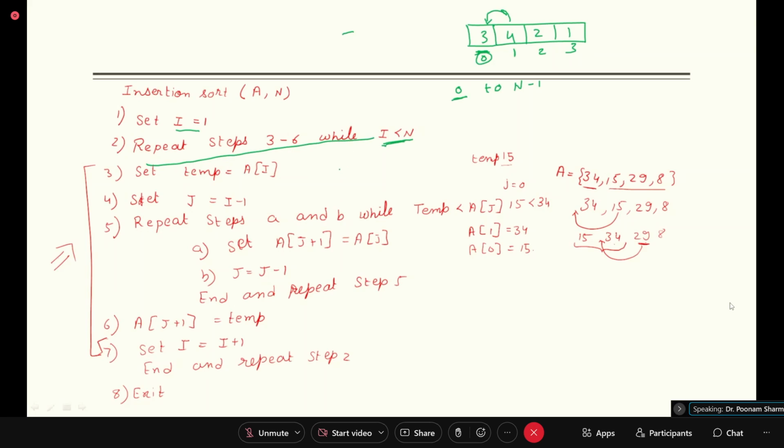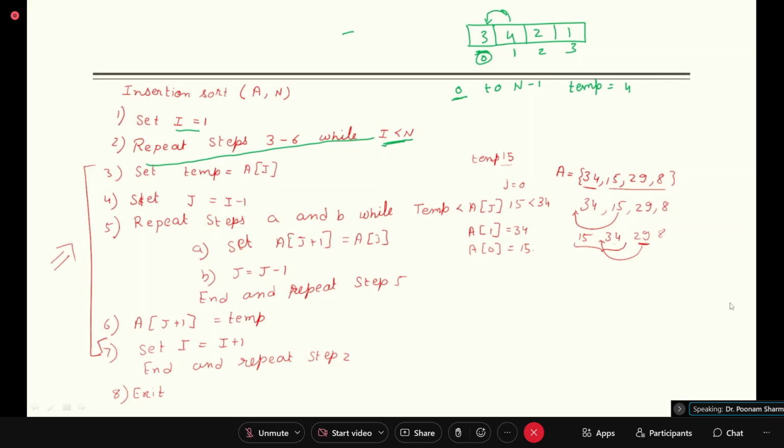Now what they did, they took the value of ai, meaning 4, in temp. They took one variable temp and stored the value of ai, that is 4, right? Now they are setting the value of j as I minus 1. So here they are talking about the comparisons to be done.